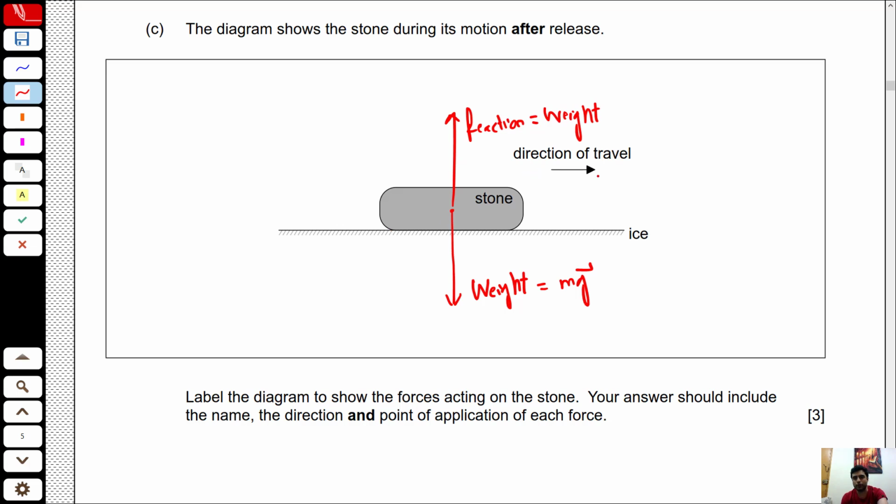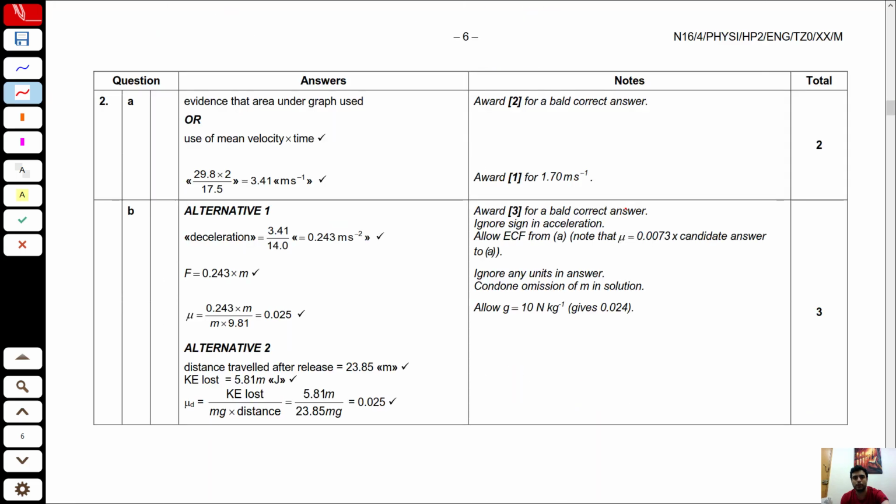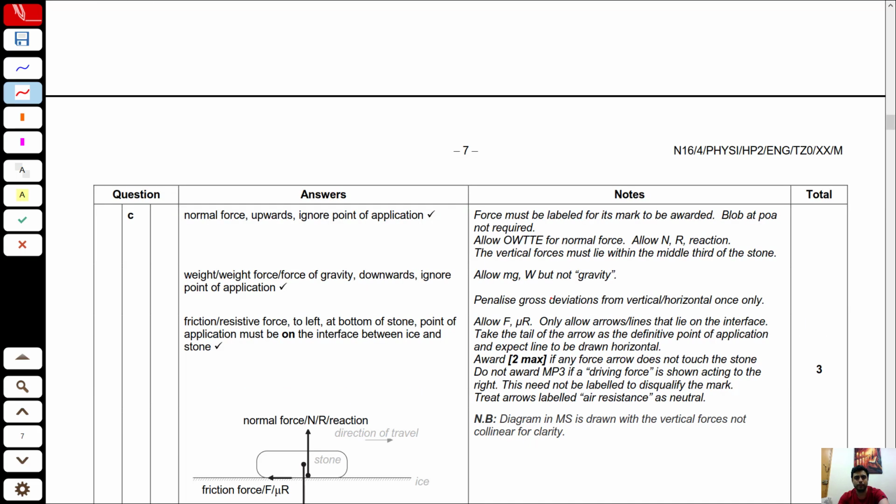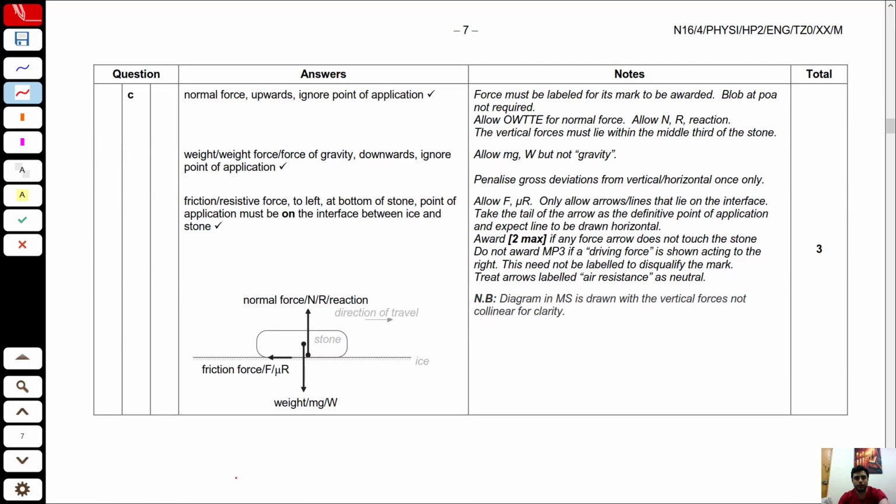Because the body is moving in the forward direction and there's a friction acting, the friction must be in the opposite direction. So there's a friction force acting in the opposite direction.